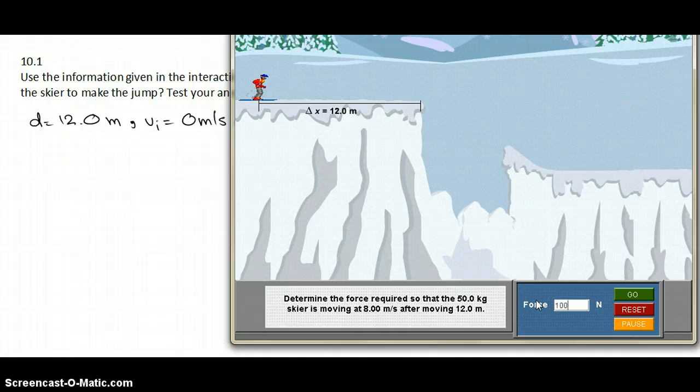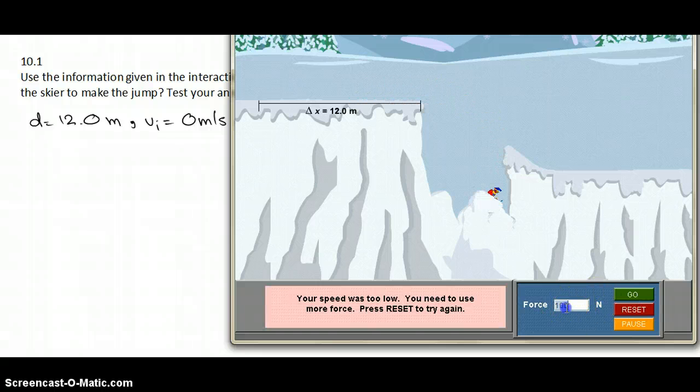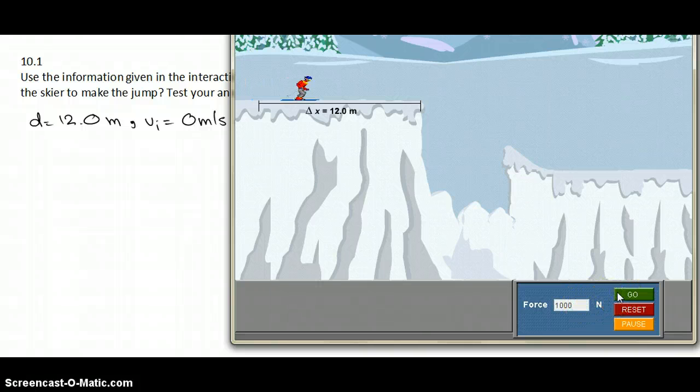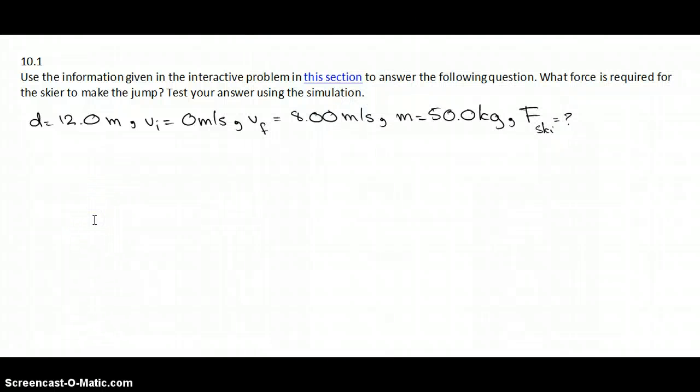Now if I put 100 newtons, still too little. 1,000 newtons, too much. So I need to rely on the theory I know to solve this problem.